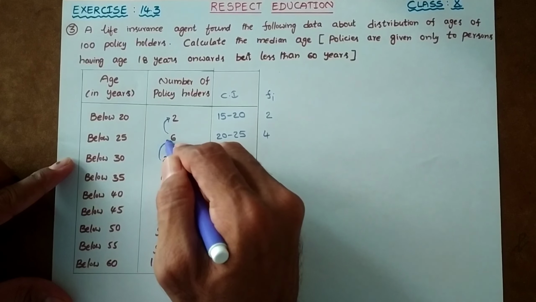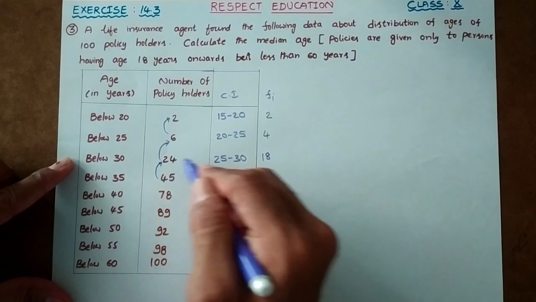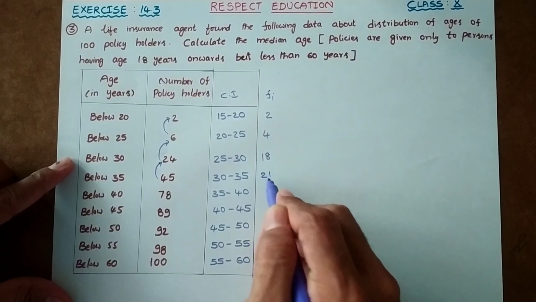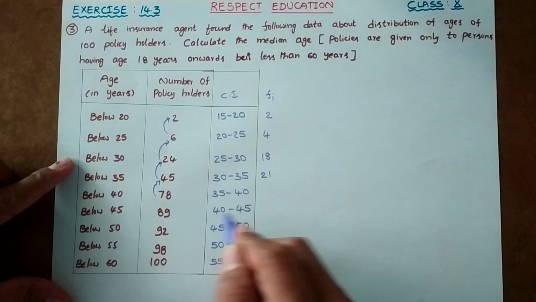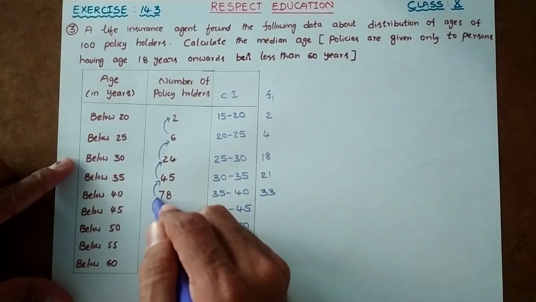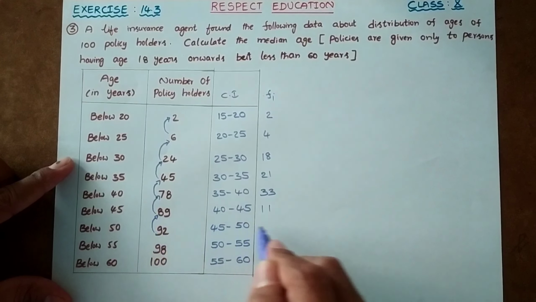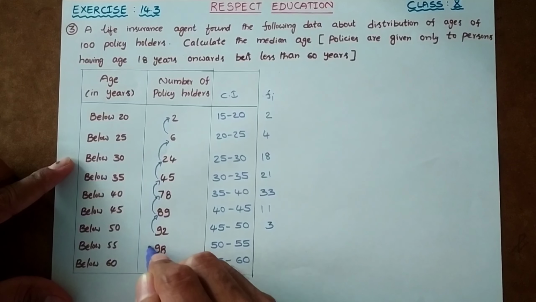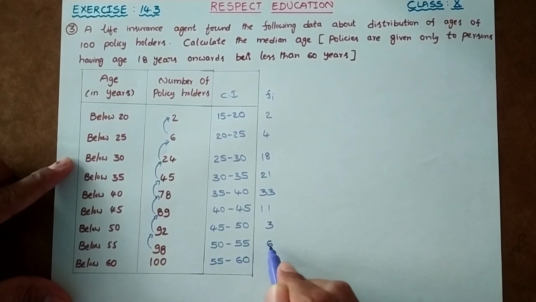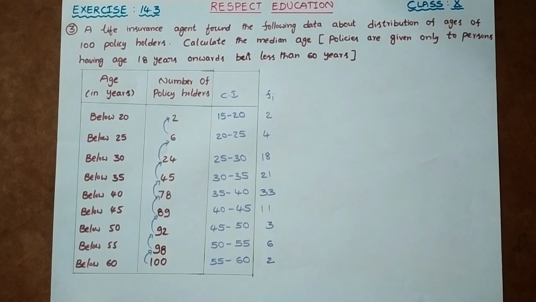Now 24 minus 6 is 18. 45 minus 24 is 21. 78 minus 45 is 33. 89 minus 78 is 11. 92 minus 89 is 3. 98 minus 92 is 6. 100 minus 98 is 2. Clear? So this way we can prepare the frequency from the given cumulative frequency.